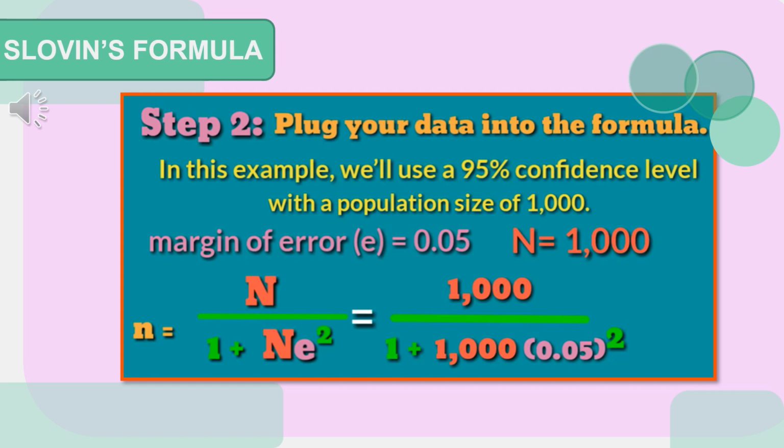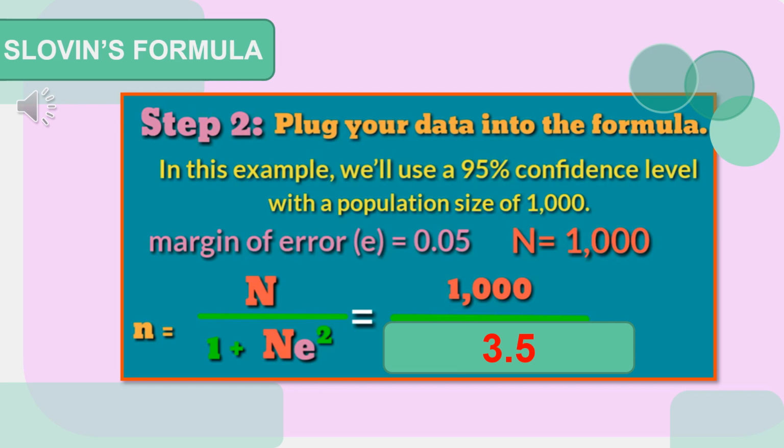Therefore, unahin natin yung nasa loob ng parenthesis. 0.05 squared. And then multiply the answer sa 1,000 and then add it sa 1. We will get 3.5 sa denominator.